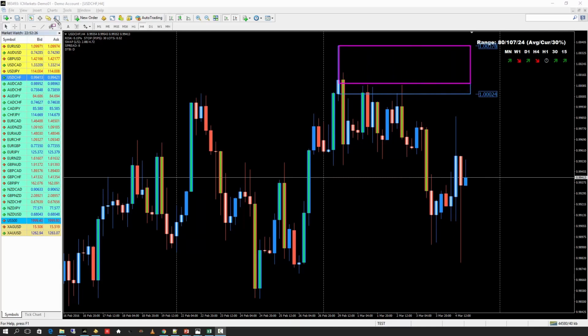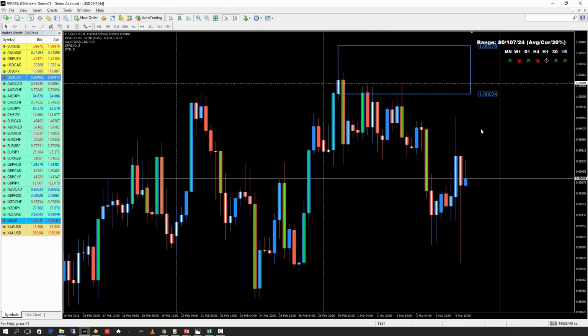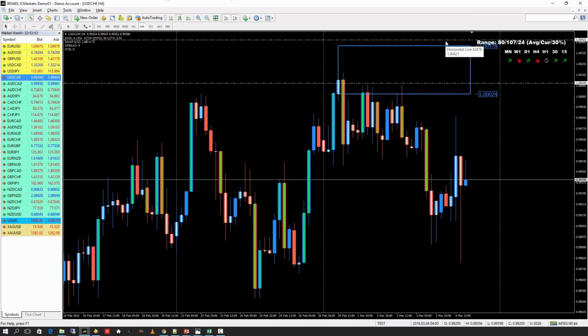So our entry for this would go about here, and our stop would go over the top like that, about 5 pips above, something like that. And then our target will require an analysis of price as it's coming down.